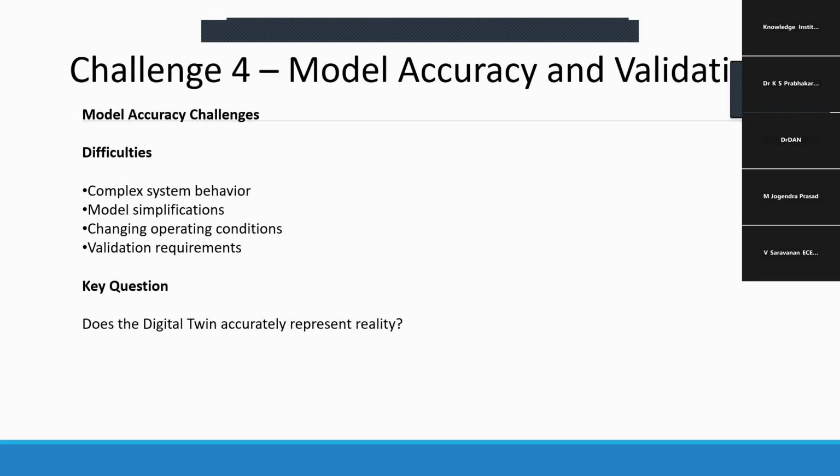So engineers may frequently simplify certain aspects of the system. They may not take all the variables, only some of the important variables, right? This simplification may sometimes lead to a kind of error.